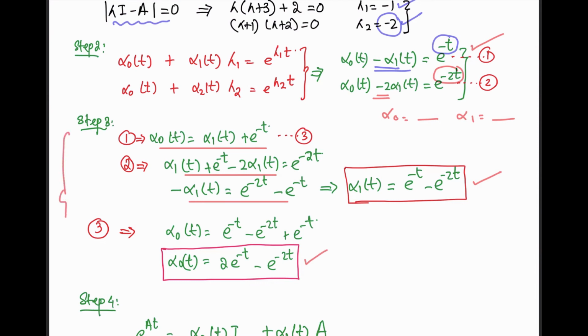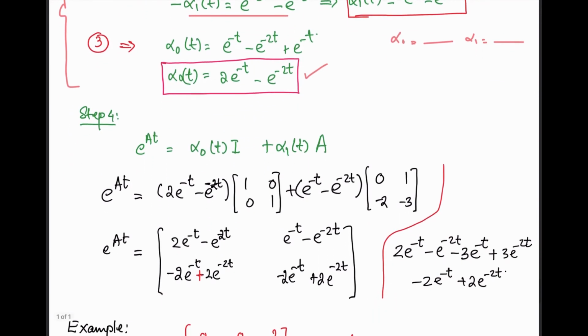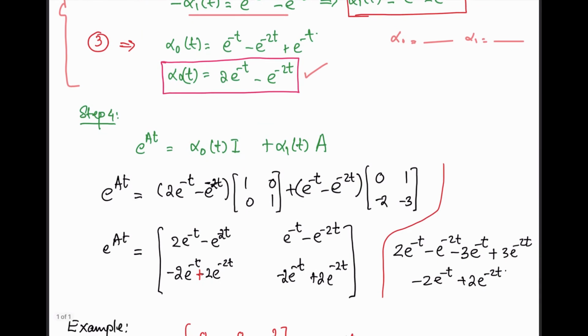So in step 3 we have determined alpha naught and alpha 1, right? Then in the next step we are going to determine the state transition matrix, that is given by this equation. Once you determine the alphas, using the identity matrix and the state matrix, just using their values, you can find out the state transition matrix.